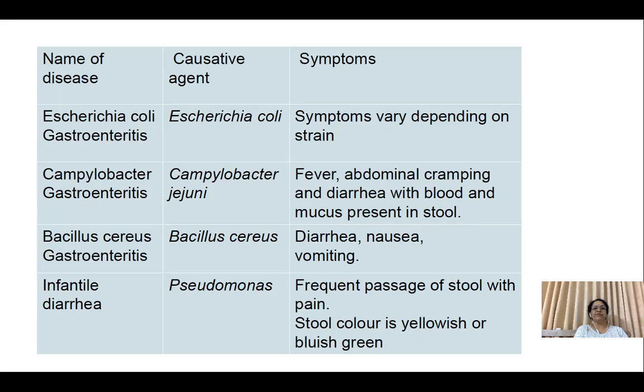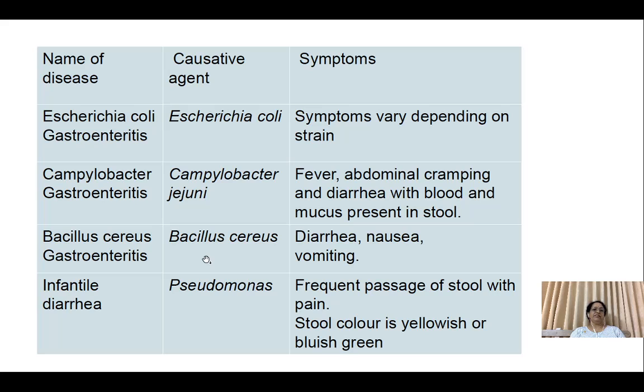But if symptoms are like rice watery diarrhea, like cholera, at that time the toxin produced by that particular strain of Escherichia coli is like that of Vibrio cholerae. One more organism, Campylobacter jejuni, which causes Campylobacter gastroenteritis, is responsible for presence of blood and mucus in the stool. There is fever, abdominal cramping, as well as diarrhea in the patient.